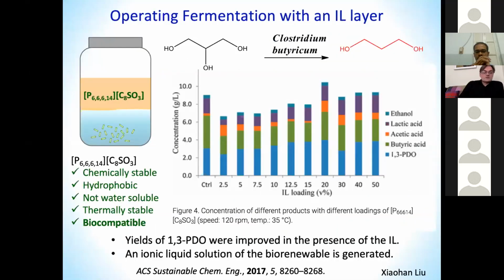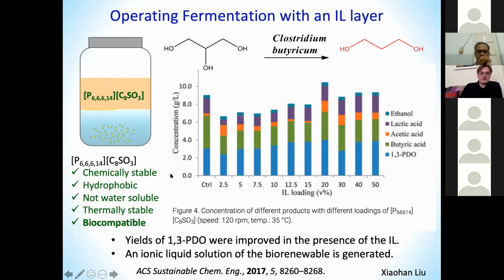Okay, so we ended up recommending this phosphonium sulfonate ionic liquid, and that was because it had good properties: chemical stability, hydrophobicity, non-water solubility, thermostability, and we also saw for our system biocompatibility. What we were able to do was run a fermentation reaction with a layer of this ionic liquid on top, and then look at the product distribution.